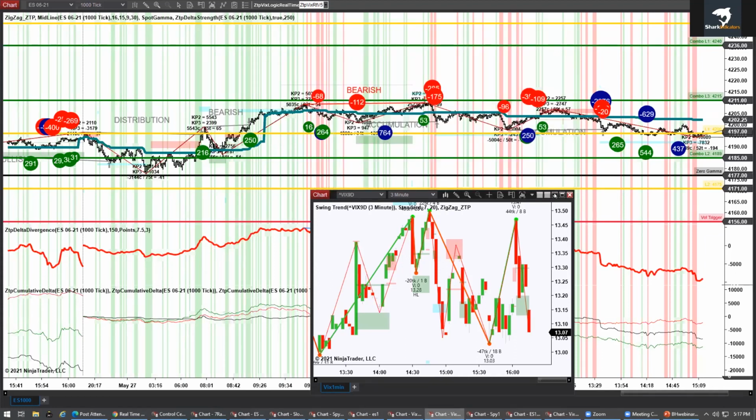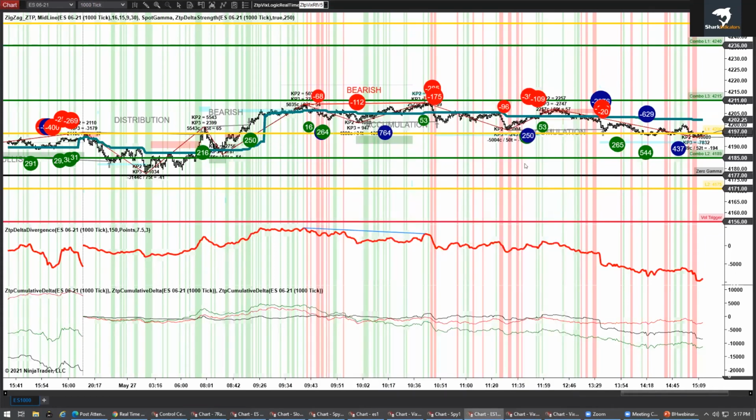And if you haven't bought NinjaTrader, you can basically run all of my indicators with the exception of the order flow indicator.